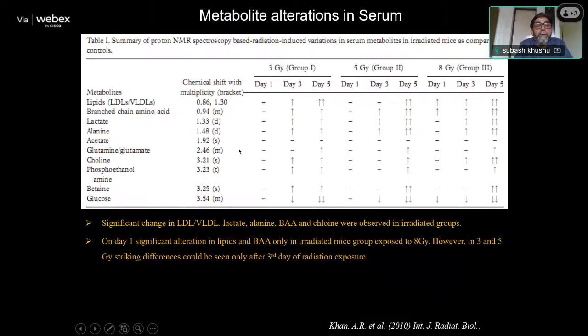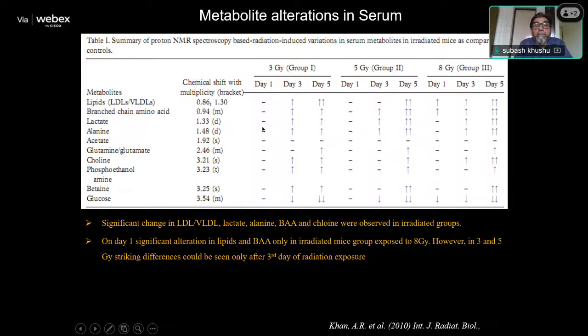And then we looked at the biochemical profile or the metabolic profile of these animals at different irradiation doses, 3 gray, 5 gray, and 8 gray, at different days.